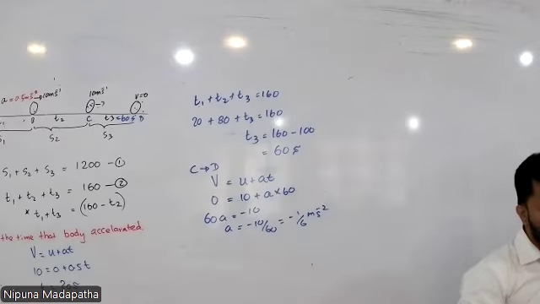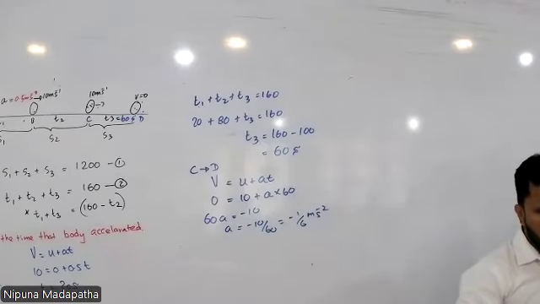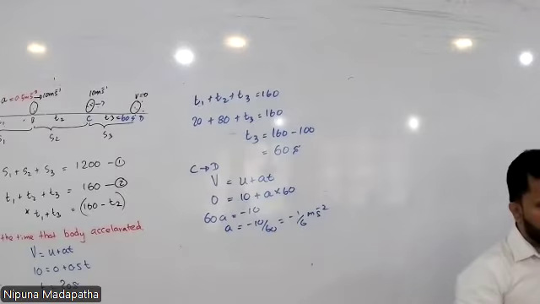Third one, 3 is the answer. Question number 3 answer is 5, 10 meters. Question number 4, what is the answer? So 60 meters. Question number 5, answer is 1. 6, we did it earlier.